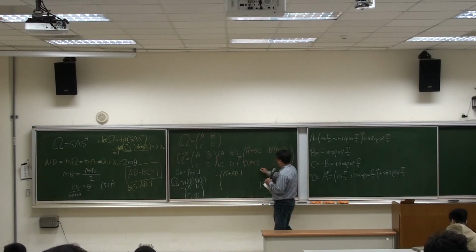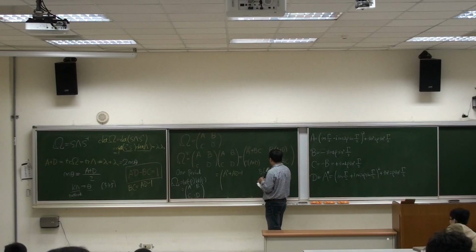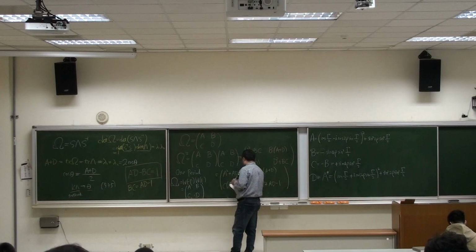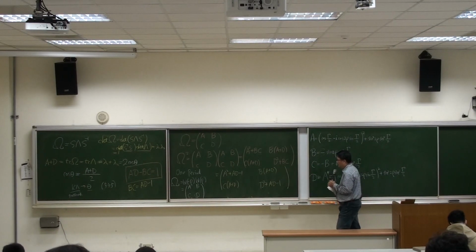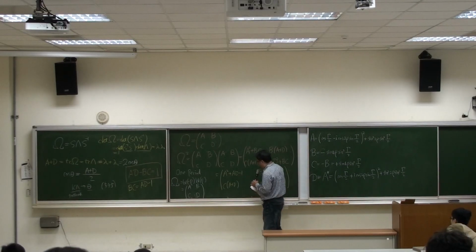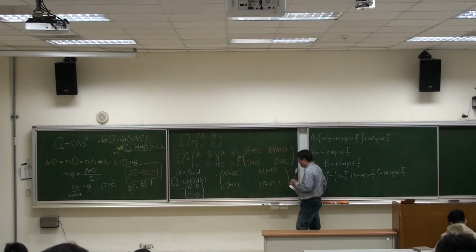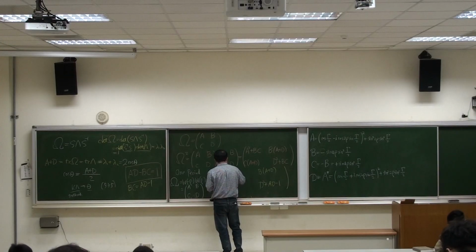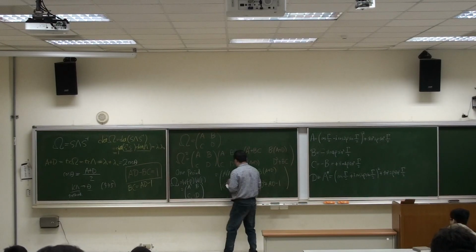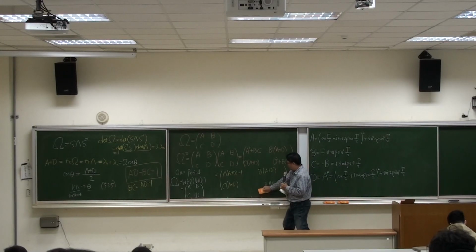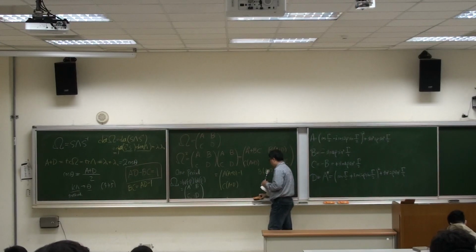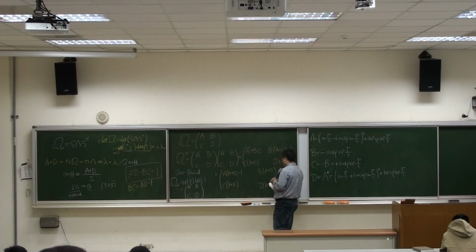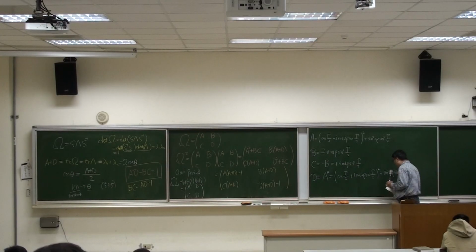B times A plus D, C times A plus D. And you see here A squared plus AD can be written as A times A plus D. So I can rewrite this as A times A plus D minus 1. And I can rewrite this as D times A plus D minus 1. Okay?